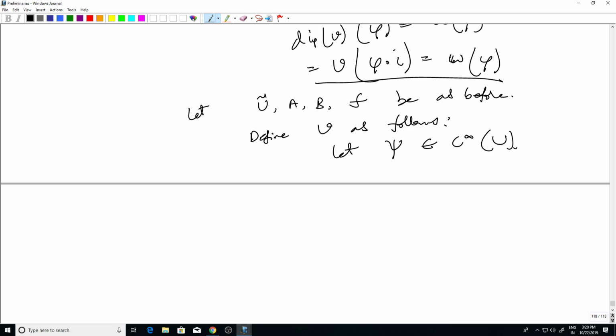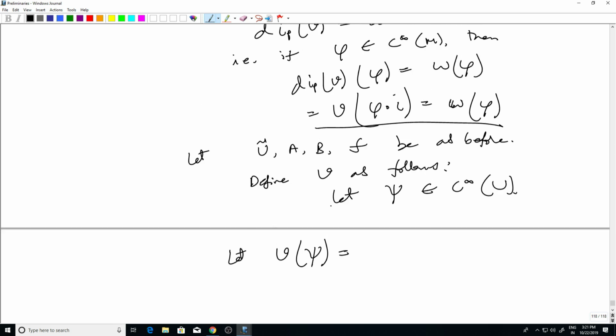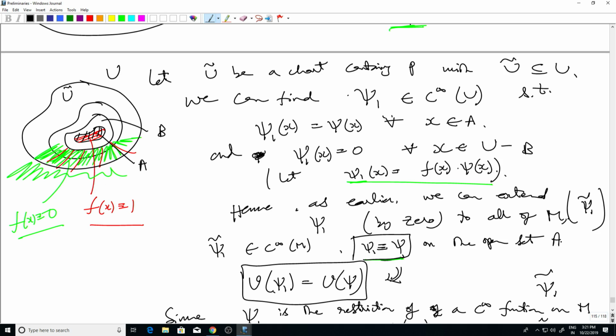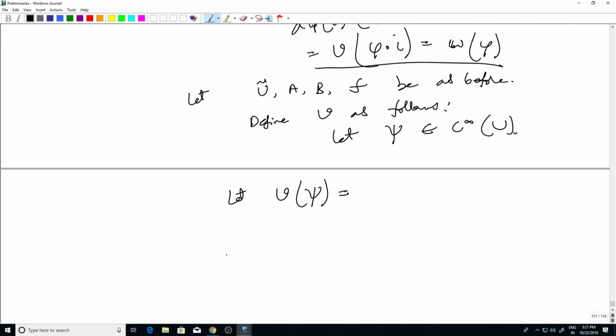We just need to know what it does in an open neighborhood of the point, not necessarily in the big open set U. So I just extend C to a C infinity function on all of M. I really don't care whether that new function agrees with the old C on U. It's good enough that they agree on this much smaller open set A containing P.